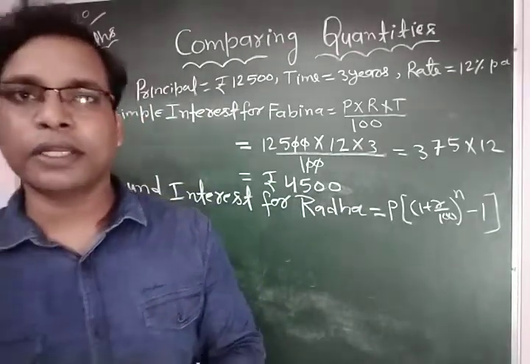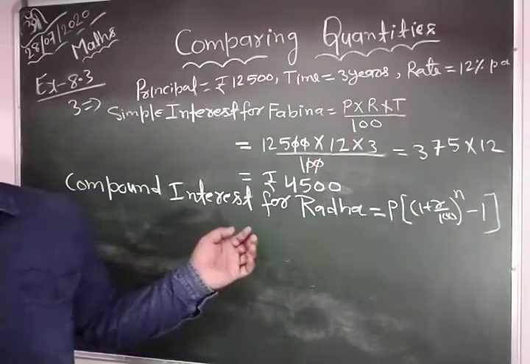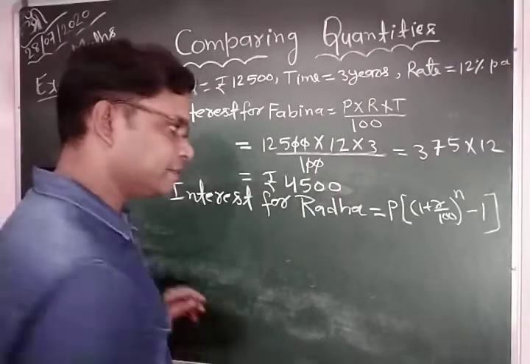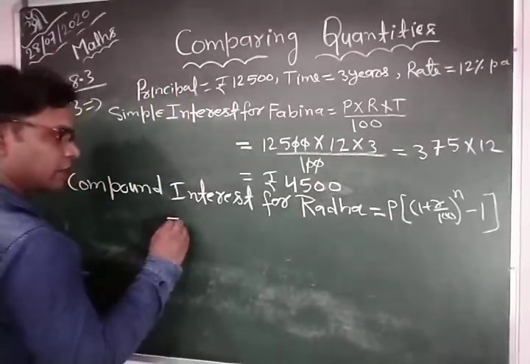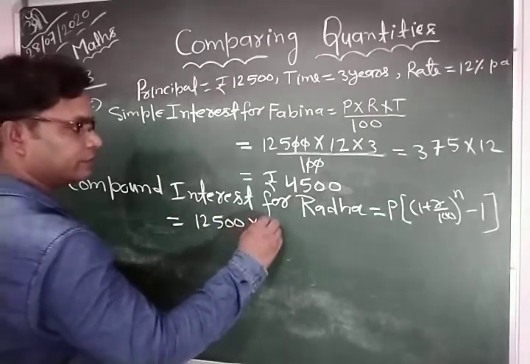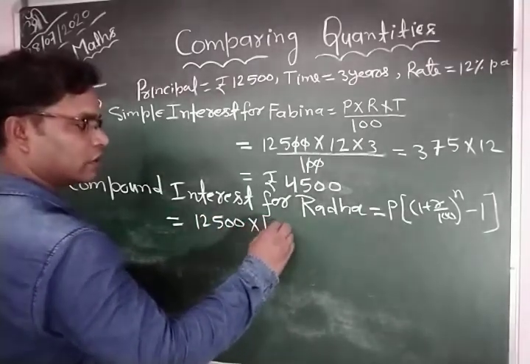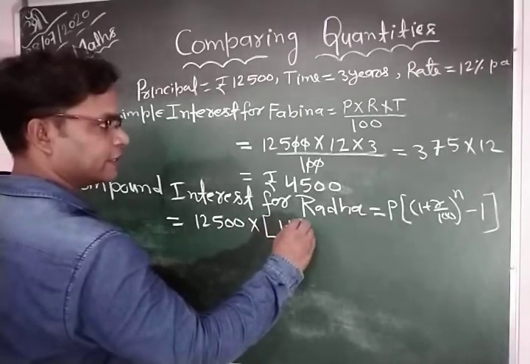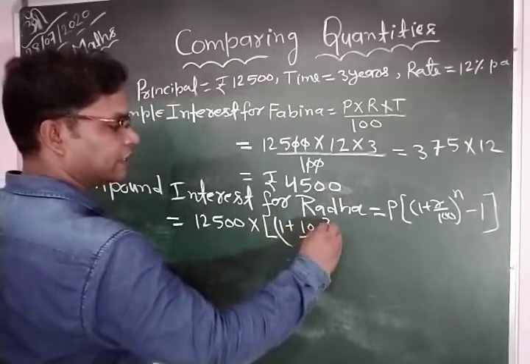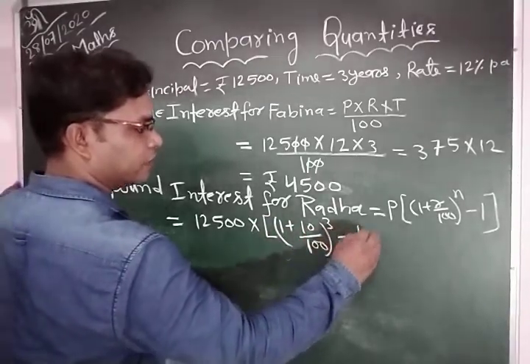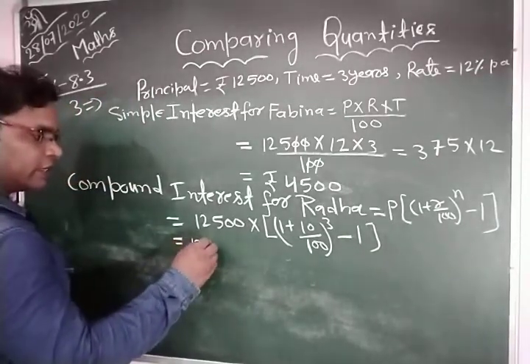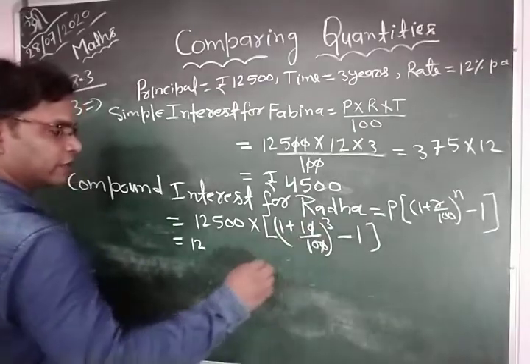Okay, so here you can see 12,500 into (1 plus R, which is 10% by 100) power 3, minus 1. Okay, this is cancelled.